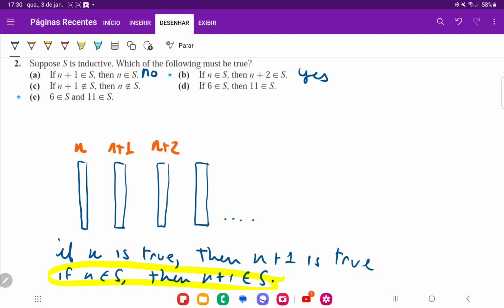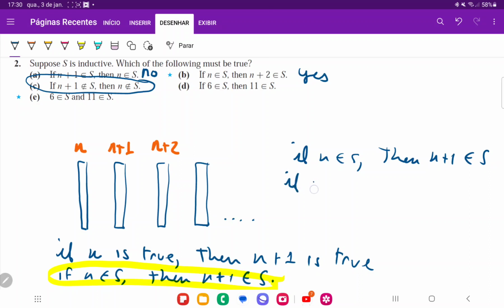What about if n plus 1 does not belong to S, then n does not belong to S. You can see that this here is the contrapositive, right? The statement is if n belongs to S, then n plus 1 belongs to S. So the contrapositive is if n plus 1 does not belong to S, so we begin with a denial of the consequent, then the antecedent must be false, then n does not belong to S, right?